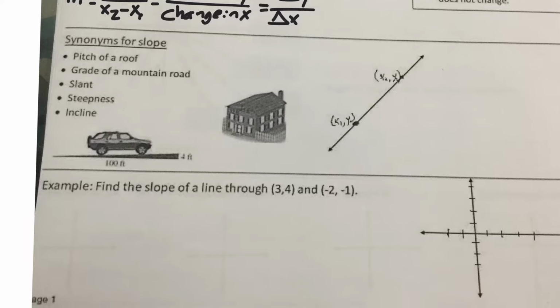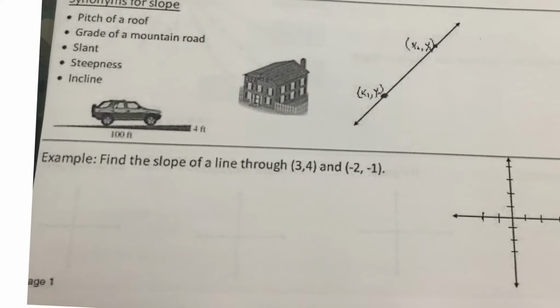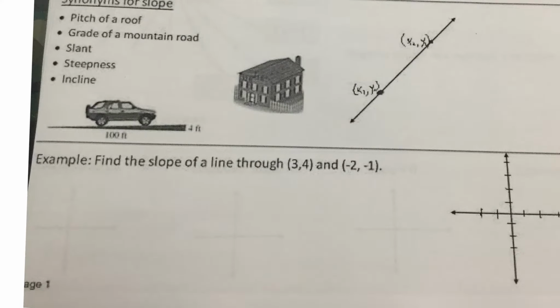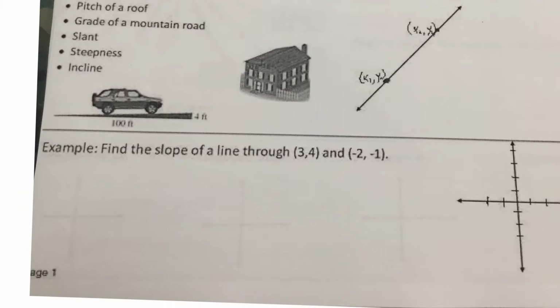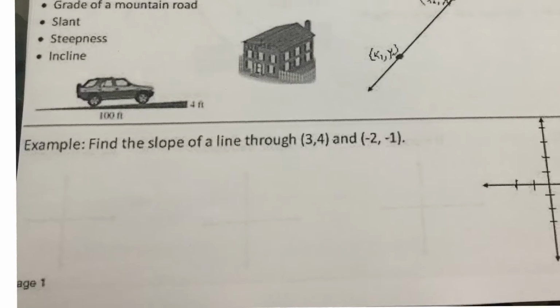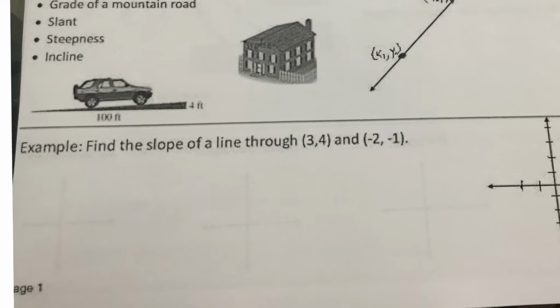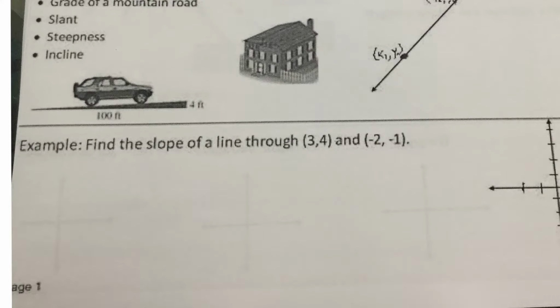So, first example. It tells me to find the slope of a line through the points (3, 4) and (-2, -1). First we're going to find the slope using the slope formula we just looked at. This is x1, y1. This is x2, y2.